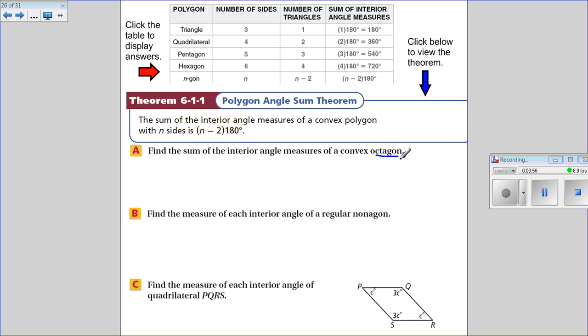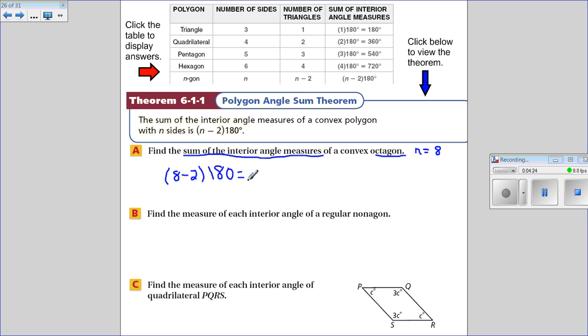Well, convex octagon would mean n, how many sides do we have? Octagon would mean 8 sides. So if I wanted the sum of the interior angle measures, I use this little formula: sum of the interior angle measures is, and I plug in n is 8, minus 2, times 180.